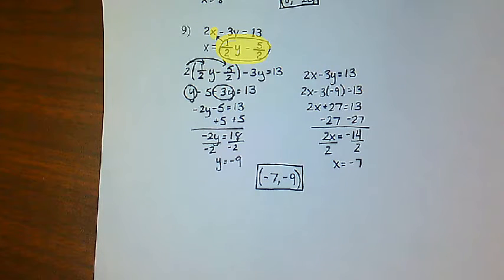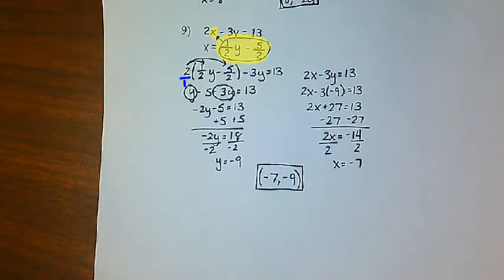And then 2 times negative 5/2 is a negative 3. Okay, remember when we multiply fractions, you can put this 2 over 1, and you can solve it that way. Okay, that might be easier for you. All right, so I get y equals negative 9. And x equals negative 7.